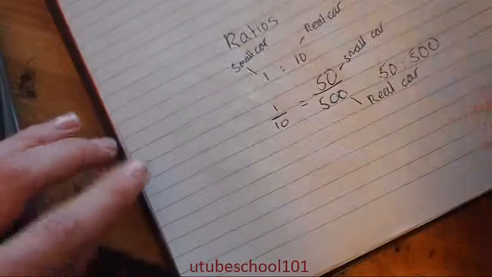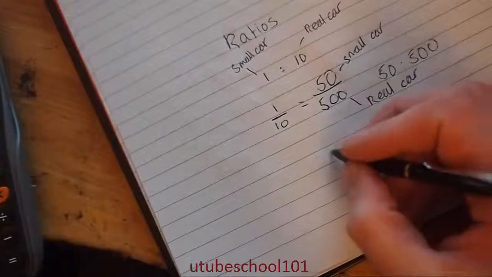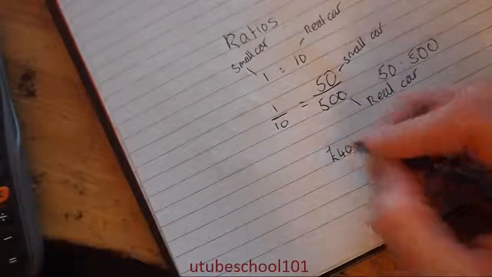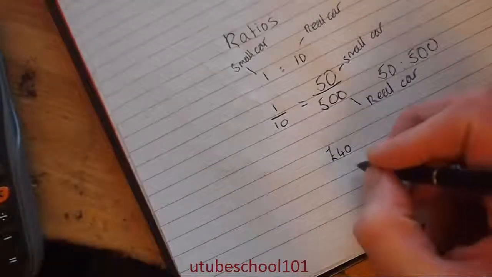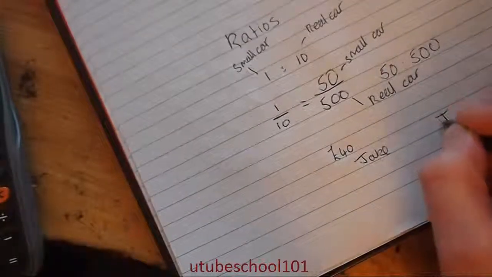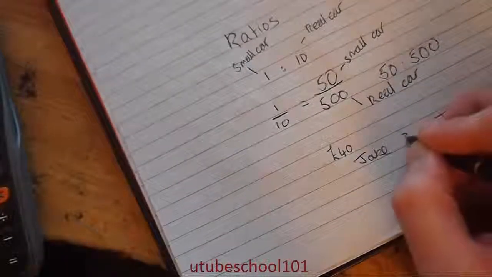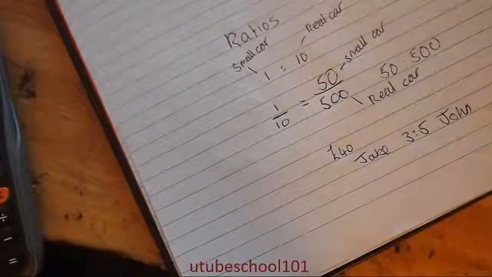And let me do another example. So say you had some money, £40. This will be split up between Jake and John at a ratio of 3 to 5.